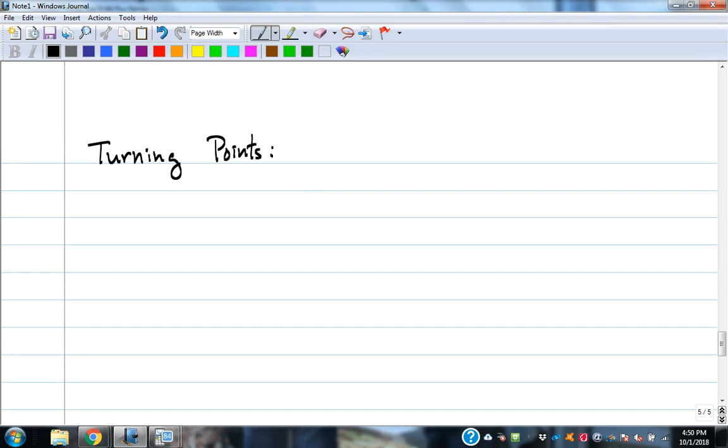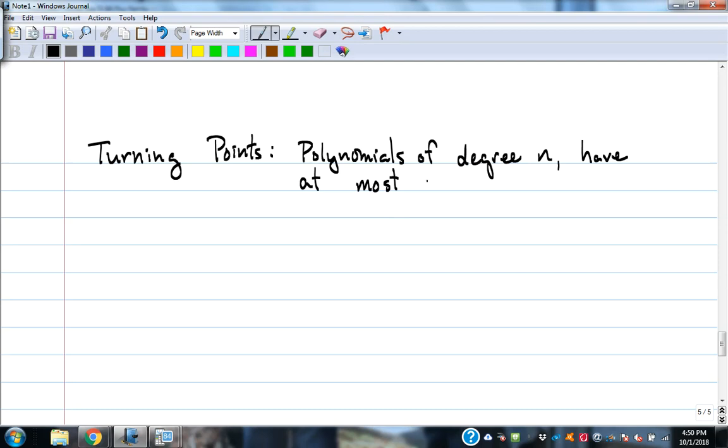But we can tell how many there could be with a quick, easy formula. Turning points: polynomials of degree n have at most n minus 1 turning points.